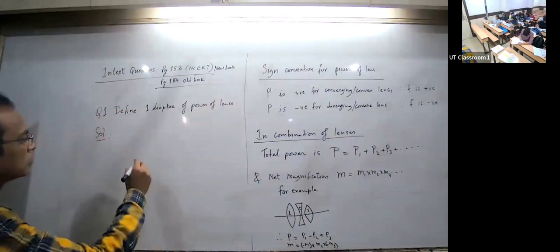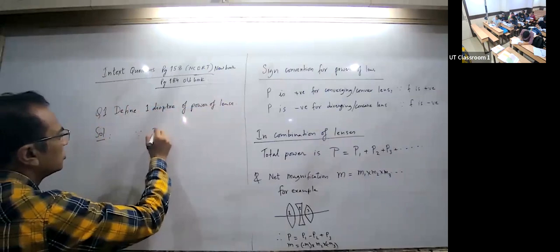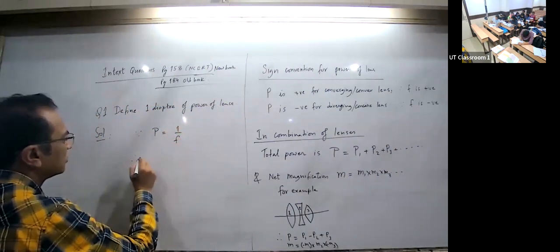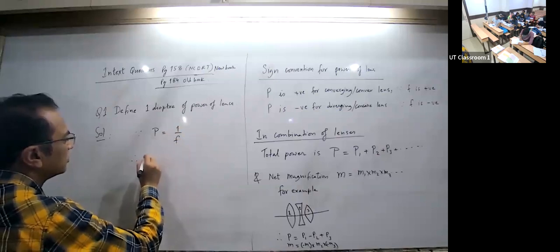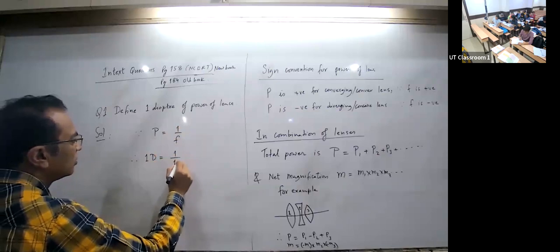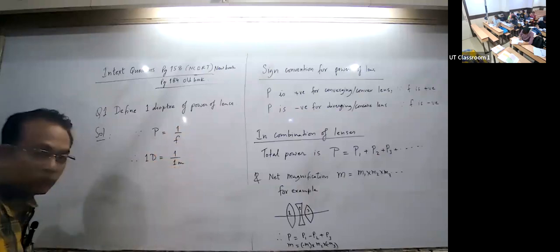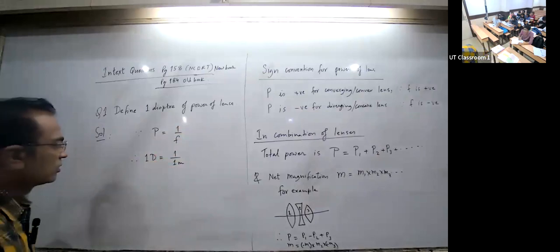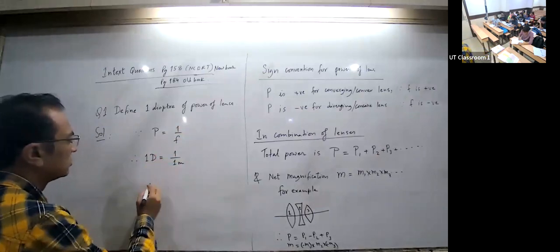So what is it? Since P is equal to 1 by F, therefore 1 diopter is equal to 1 by 1 meter. So the focal length should be 1 meter, right?